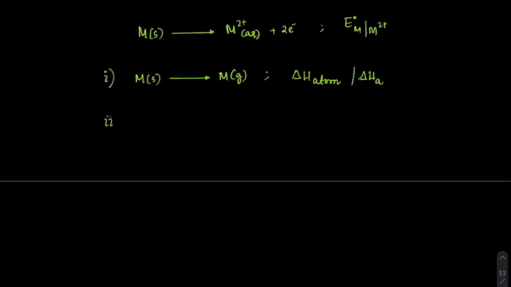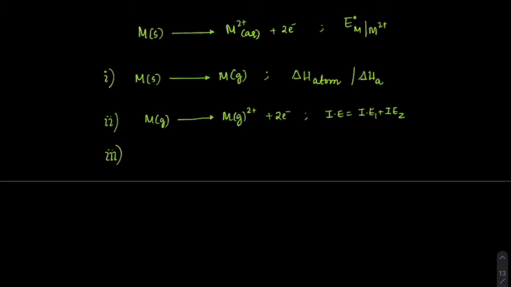Second step is ionization, in which metal gas converts into M2+ gas plus 2 electrons. There are two ionizations here, so I am writing it as a sum: ionization 1 plus ionization 2. That is the second energy which you require.